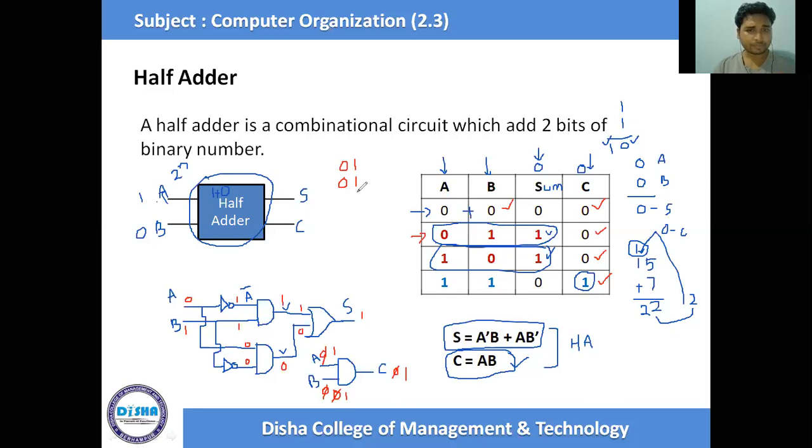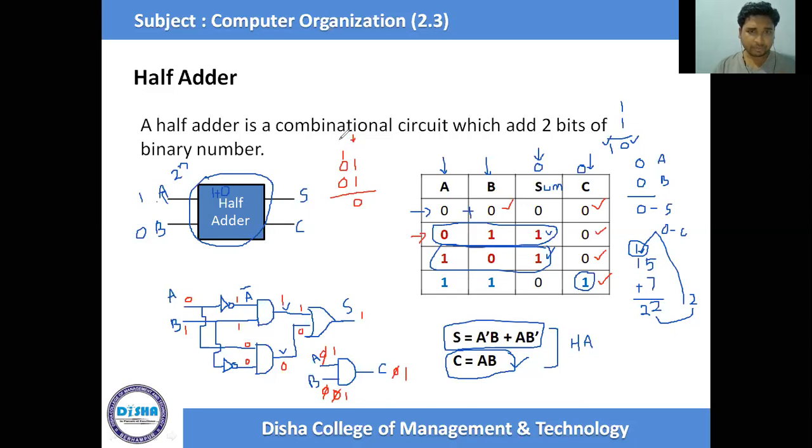So just look at this column. This column has two input values, 1 and 1, and it produces sum 0 and carry 1, and the carry is moved to the next column of addition, that is this one.